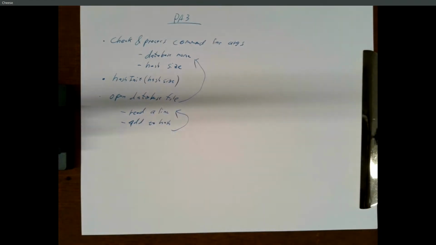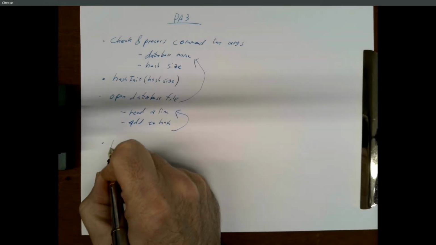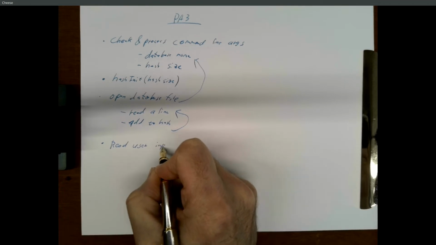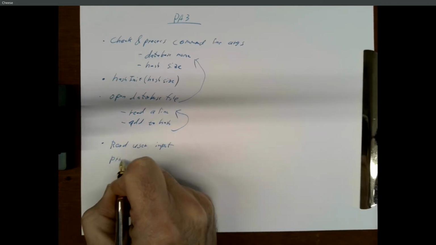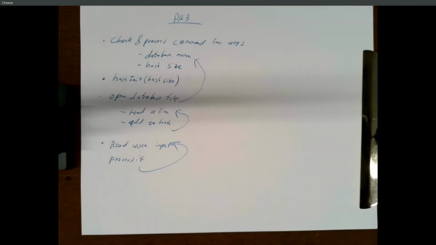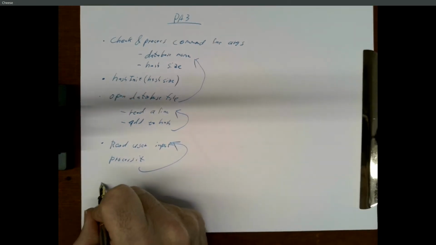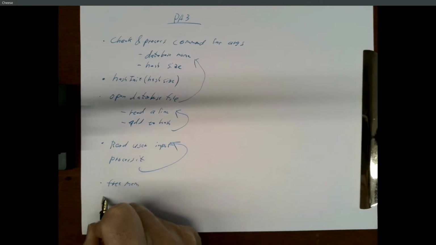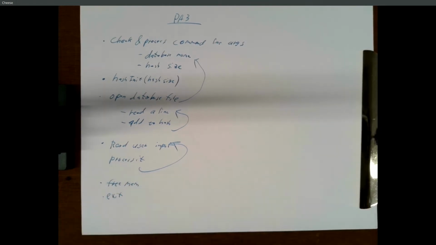And I'm going to do that in a loop. And then when I'm done reading the database file, I've got my hash of the license plates fully built. I'm going to read a user input. I'm going to process it. And I'm going to loop at that for a while until the person hits Control D. And then I'm going to free my memory and get out of here.